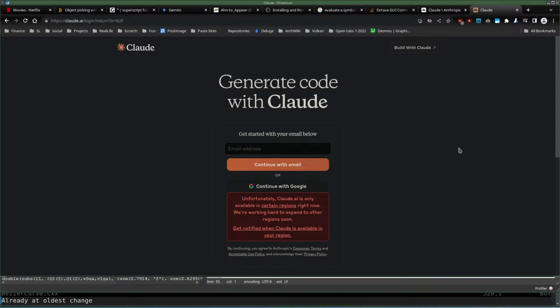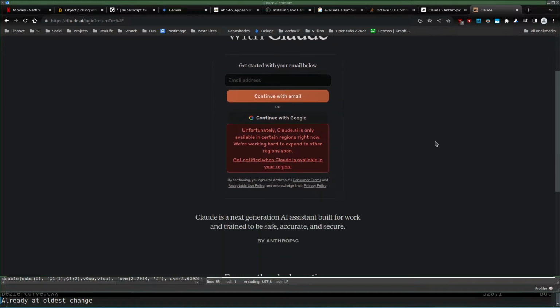Sign-ups disabled in region, and when you want to click on it, it disappears. I think I can't access it yet. I have no idea what region Google tells it that I'm in. Probably the correct one.